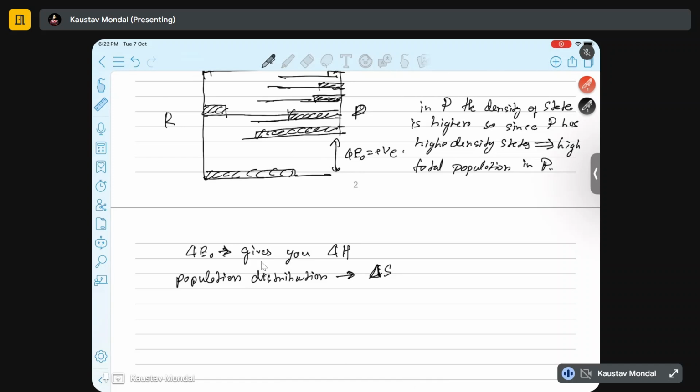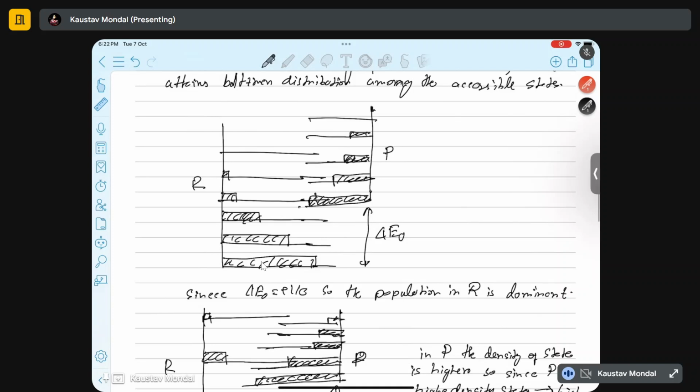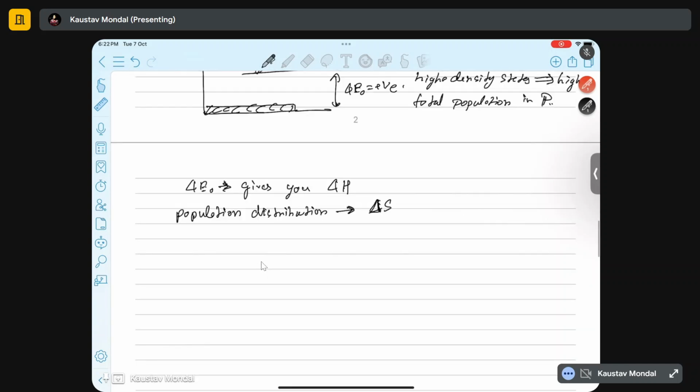So if you know the change in the zero point energy and the distribution from these energy levels, you can easily calculate the change in enthalpy as well as the change in entropy, right?